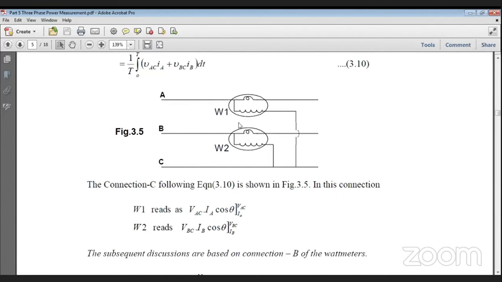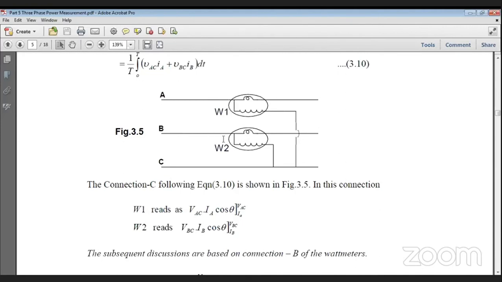Then take the potential coils, connect them across these 2 lines where you have connected the current coils, and simply connect the other point to the third line. That's it, it will work. And then whatever readings you get, W1 and W2, the summation W1 plus W2 is always the total power.